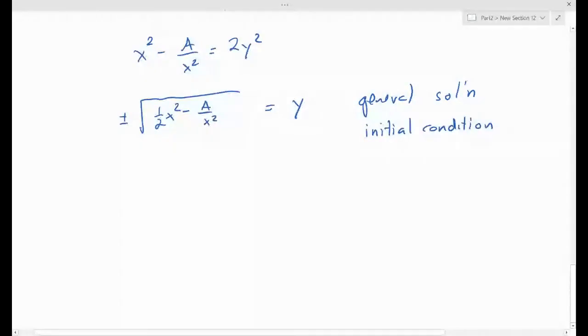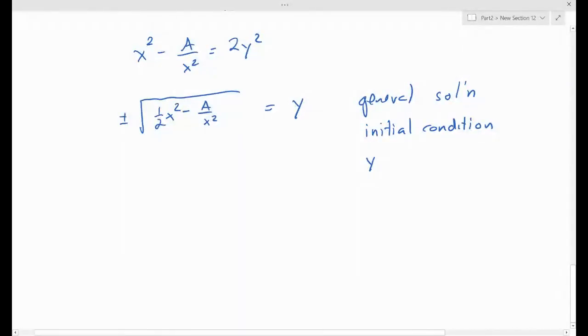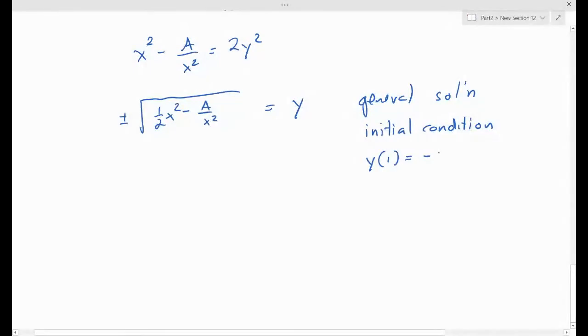So this is like we don't know what the function y is, but we are told, at a certain value of x, y is equal to some number, say negative 2.